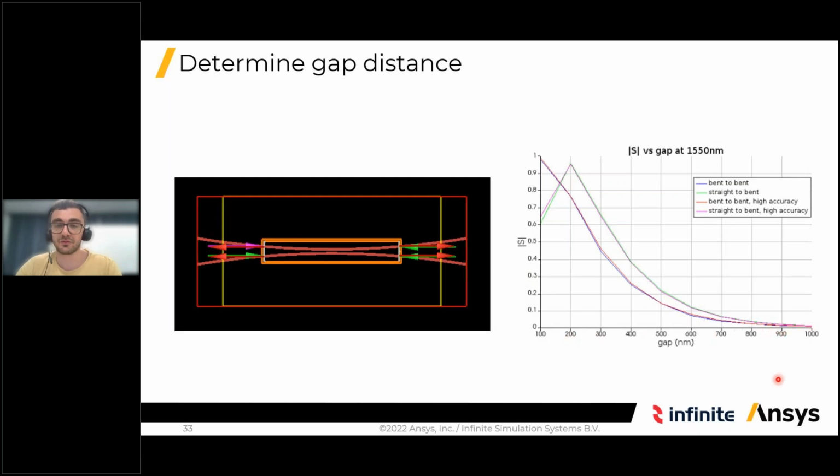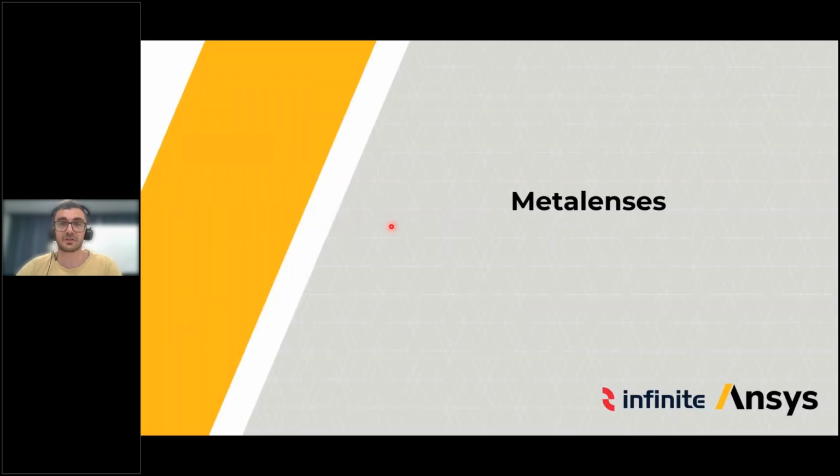Since we know the coupling coefficients K1 and K2, we find out that the gap distances should be 410 and 630 nanometers. And so with all of this, we have designed our CROW filter. And I will continue to the next example, designing metalenses.